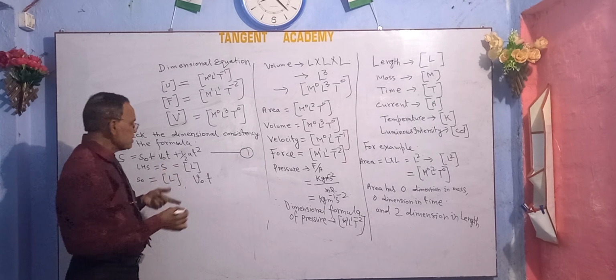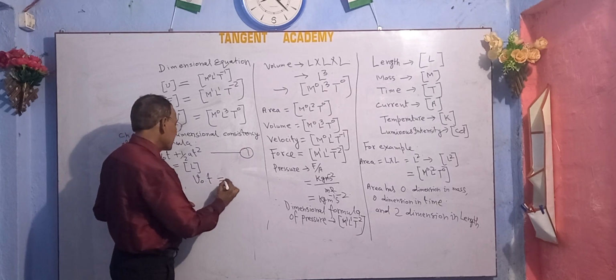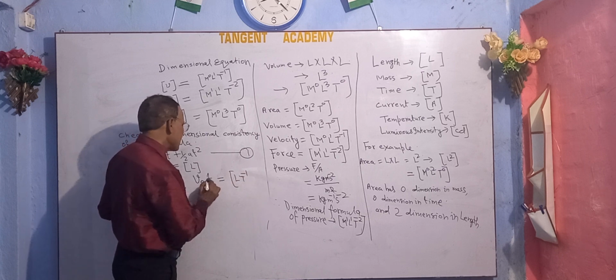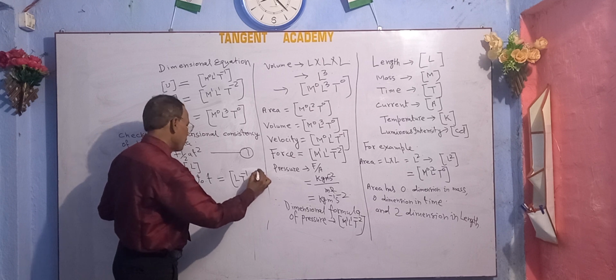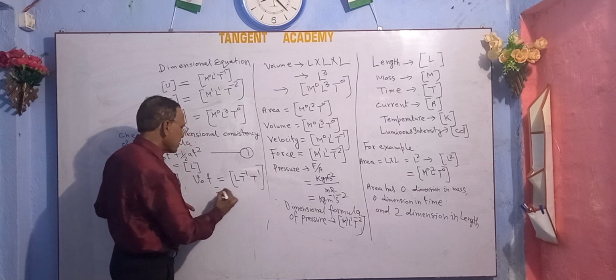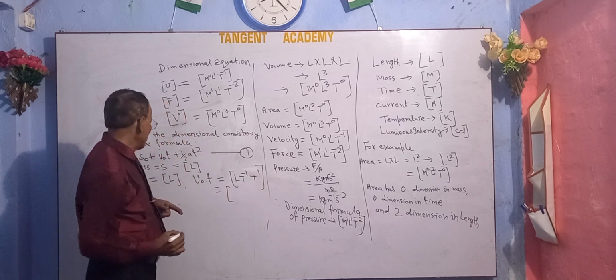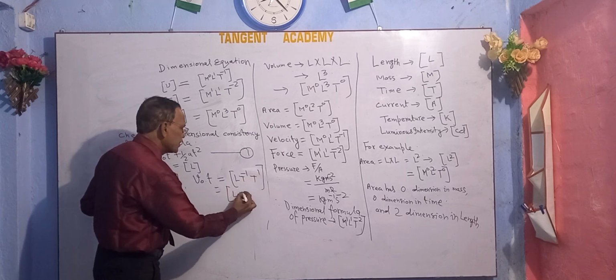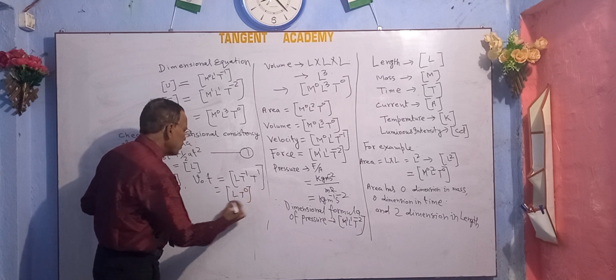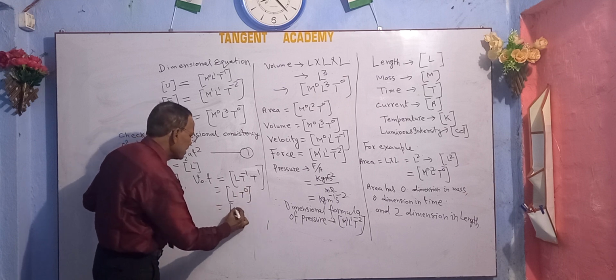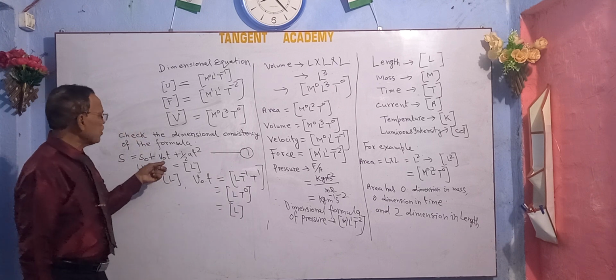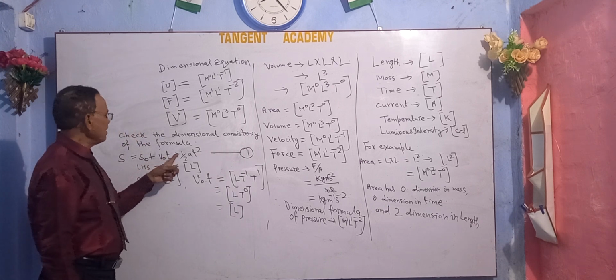Velocity has dimension L T minus 1 and time is T1. These cancel, so according to the law of indices, it can be written as L T0, which is L. So the second term V naught T also has dimension L.